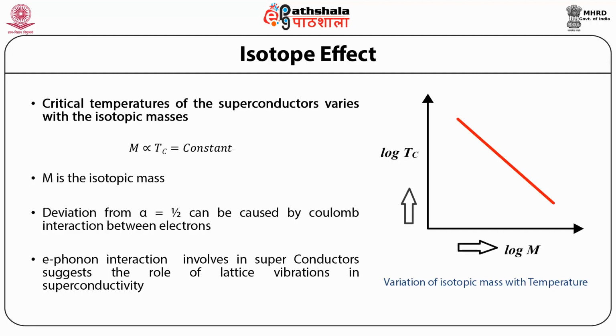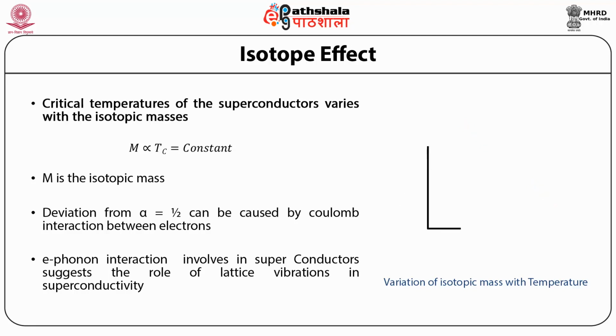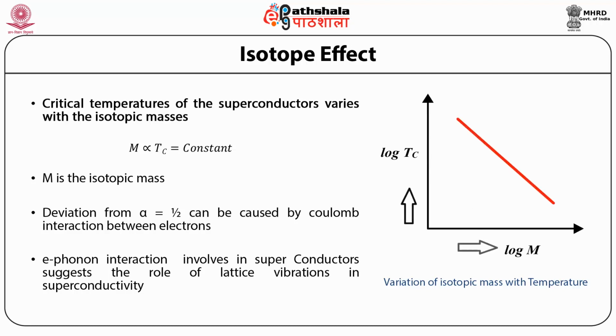More recent experiments suggest Tc is proportional to M raised to the power minus alpha, so M to the alpha times Tc is constant, and this alpha is called the isotope effect coefficient. Alpha is defined as the variation in log of Tc over the variation in log of average mass. Deviation from alpha equal to half can be caused by Coulomb interaction between the electrons.